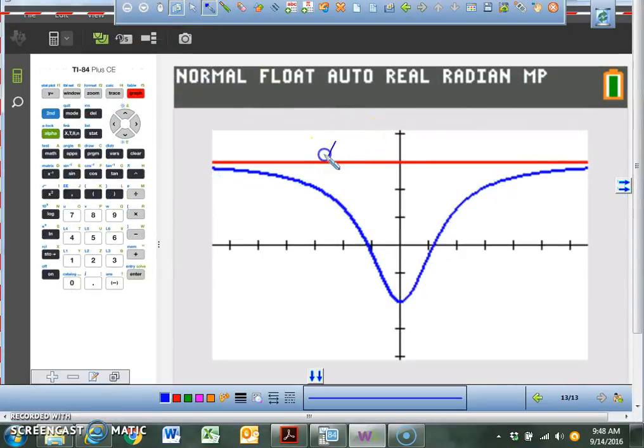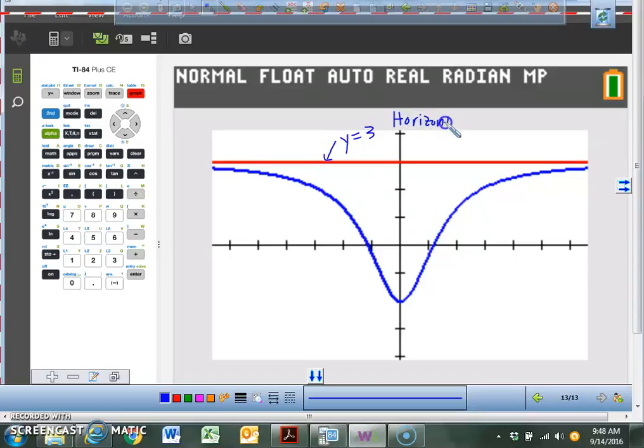Right here, everybody, this right here at y equals 3, you have what's known as a horizontal asymptote. By the way, this graph does not have a vertical asymptote. There's no vertical asymptotes anywhere in the graph.